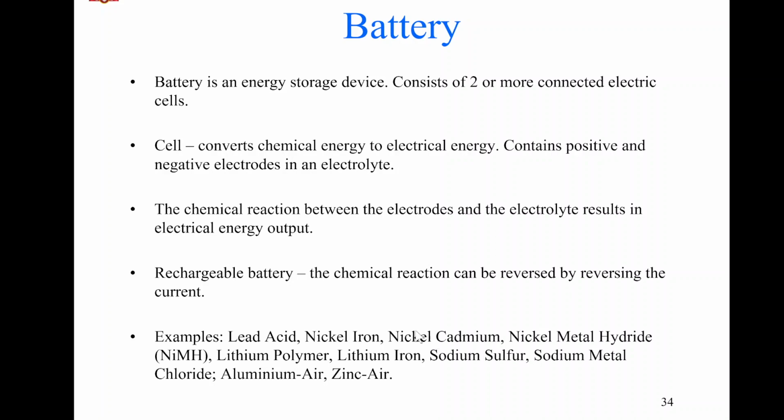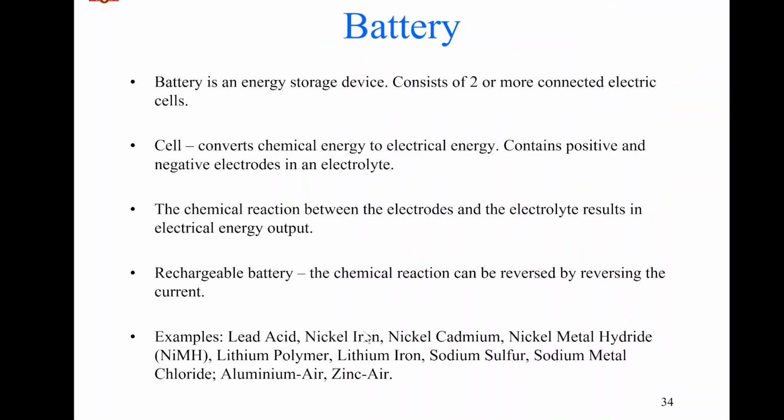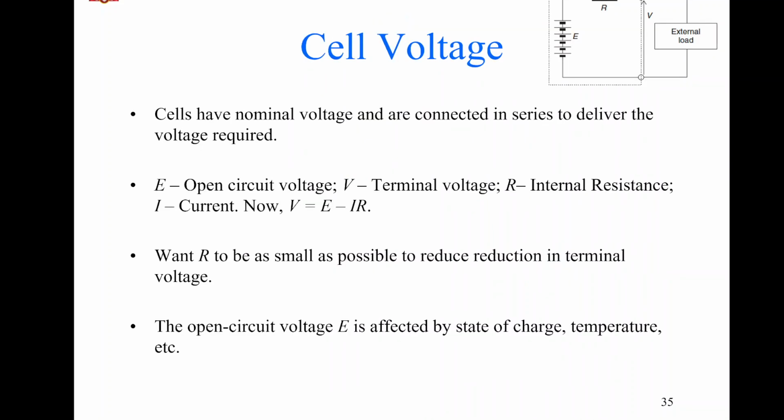We'll take a look at most of these batteries a little bit, and then move on to some more discussion I had on the need for thermal management in batteries.